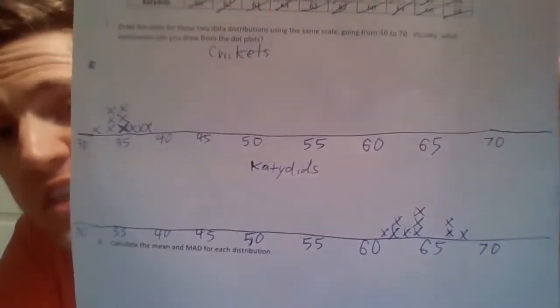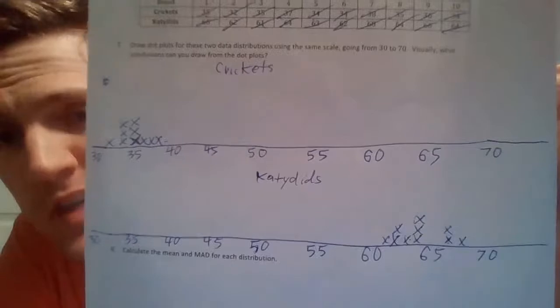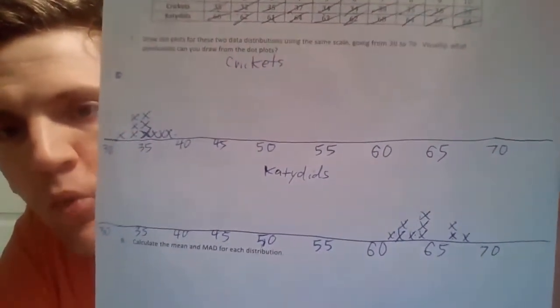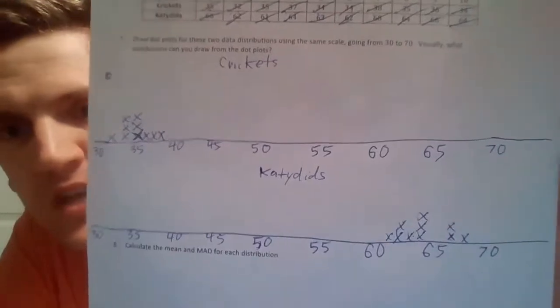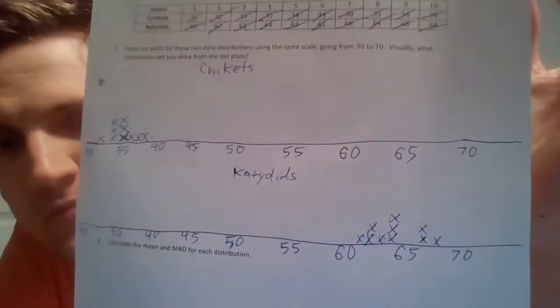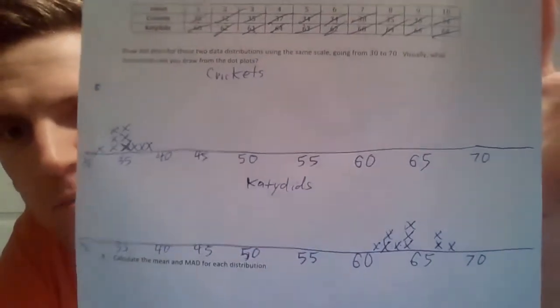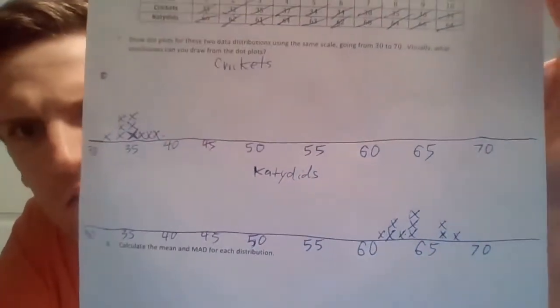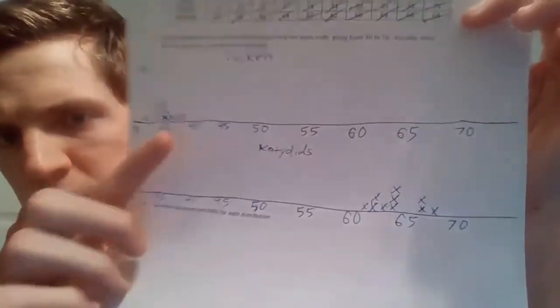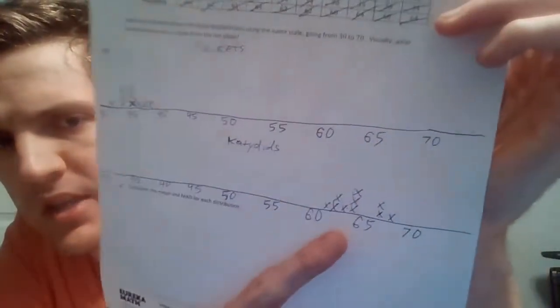But again, this is useful because it's clear now, if we use the same scale, that one of them is predominantly on one side and one of them is predominantly on the other side, right? So now we can kind of compare that. If we're basing it on how often they chirp, crickets seem to do it a lot less often than the katydids do it. So that's one way to look at it.